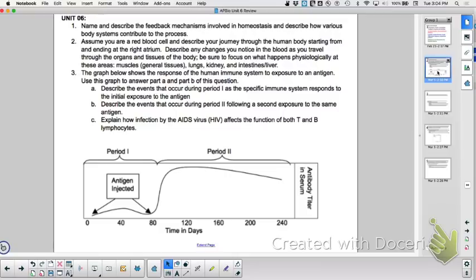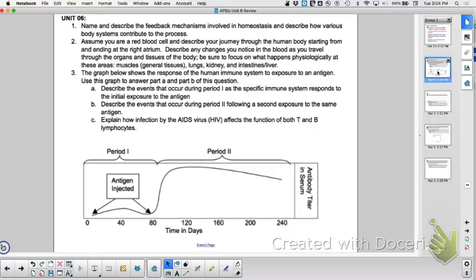Describe any changes you notice in blood as you travel through the organs and tissues of the body. Be sure to focus on what happens physiologically at the muscles, the lungs, the kidneys, the intestines, and the liver. I haven't taught you yet what happens at the kidneys, but you know what happens there: it's getting filtered of waste, right? And we talked about the other ones.